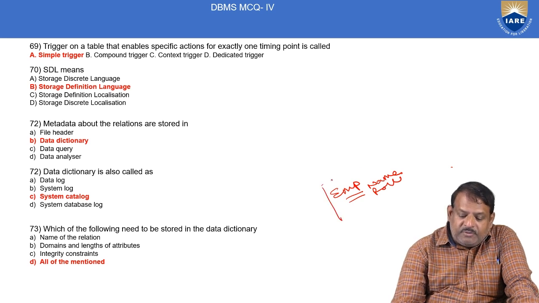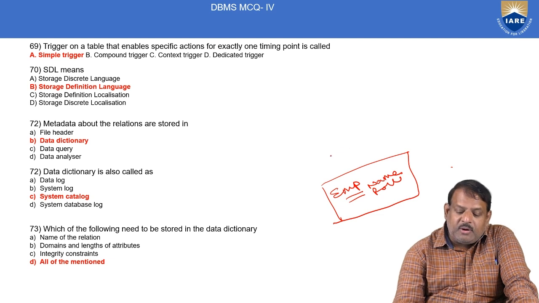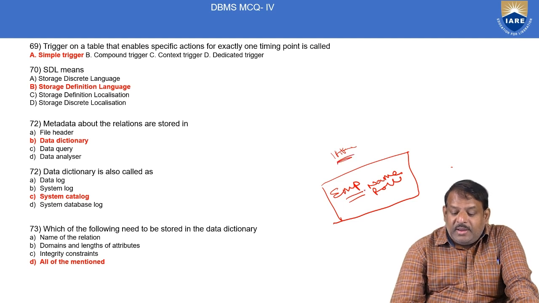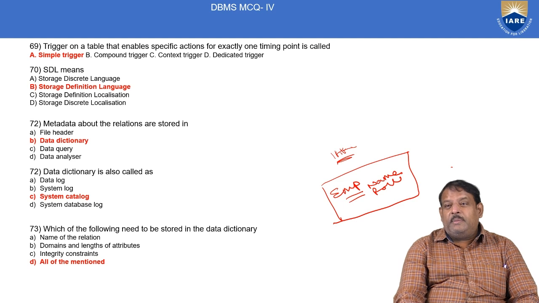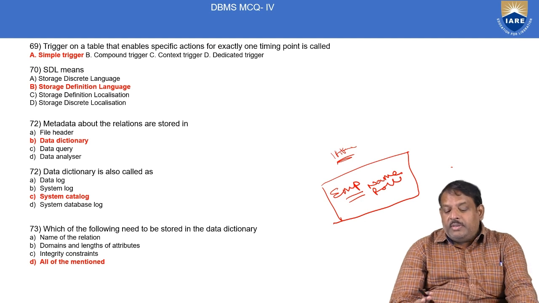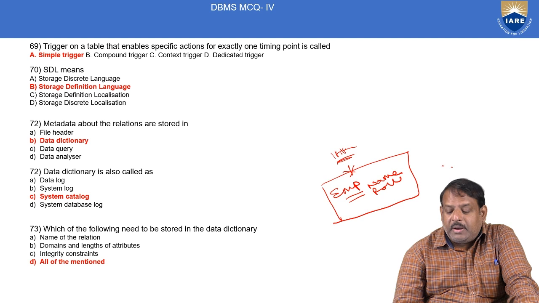This information is created in a database, suppose called IARE. Whatever you create in this database is also stored in the master database. The information about this entire table can be fetched from the metadata.